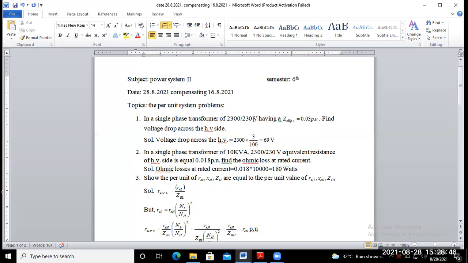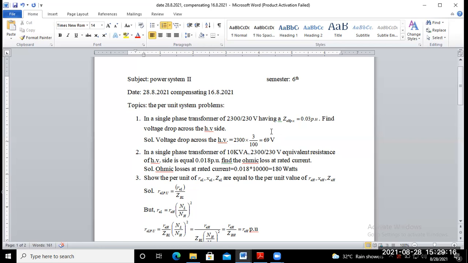That means 230 is multiplied with Z_EL in per unit, whatever is given in the problem. This concept is very much required whenever you solve problems based on the per unit value, whether it is given on the high voltage side or the low voltage side. Just multiply the per unit value with the voltage of that side.